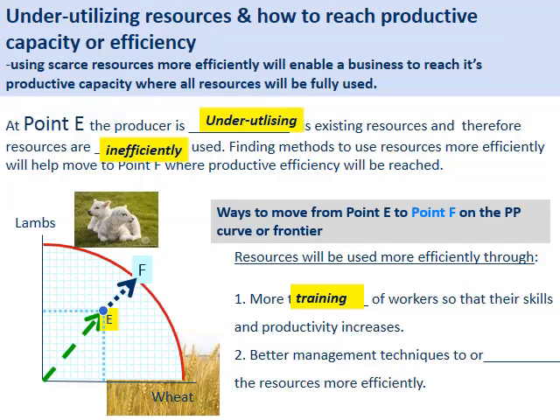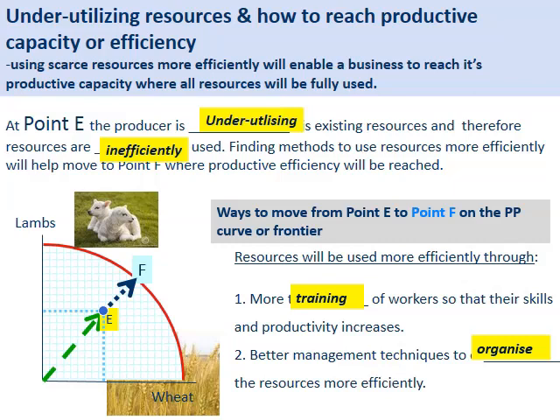Now, the ACG could train me so that perhaps I could teach physics. And so for those teaching sessions that I'm not teaching, I could then take up teaching of physics as well as economics to reach my productive capacity. Of course, better management techniques or organisation of resources so that the resources will be used more efficiently.